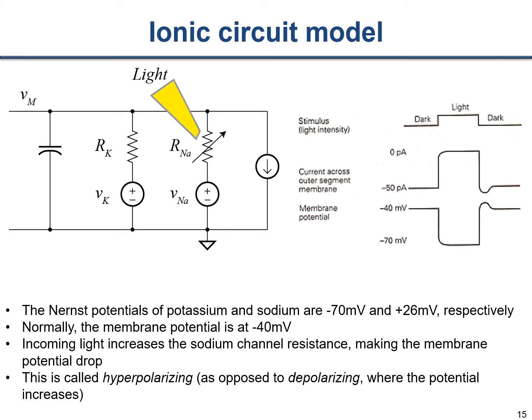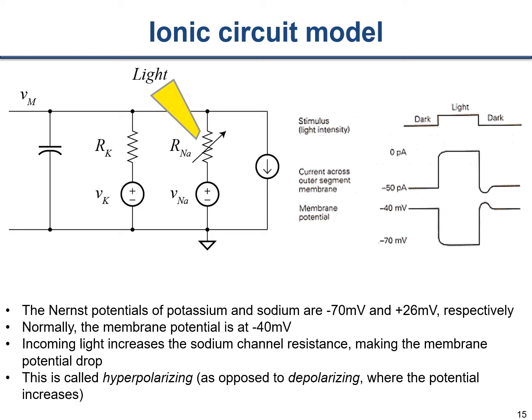So it turns out that in resting cases, the Nernst potential for potassium is minus 70 millivolts, and for sodium it's plus 26 millivolts for this type of cell. And the normal resting potential is minus 40 millivolts. So you could infer the relative conductance of the potassium versus sodium channels through some inference here.